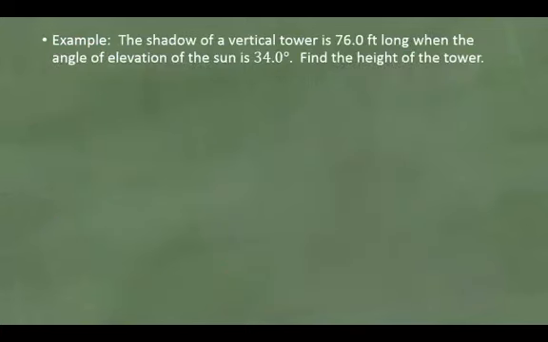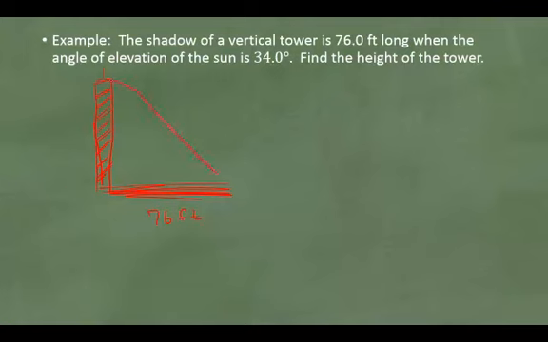Here's another one. Suppose we have a shadow of a tower. So we have some sort of tower, and its shadow. Let's put some spirals on there or something. The shadow is 76 feet long when the angle of elevation of the sun is 34 degrees.